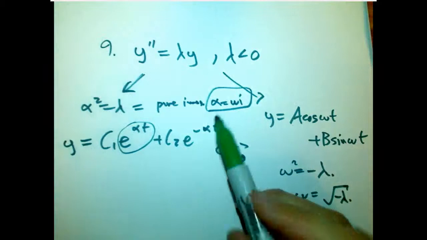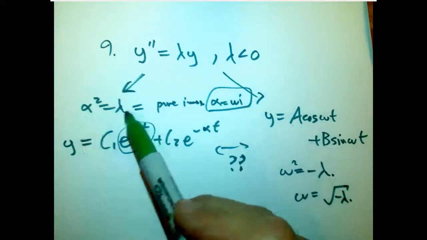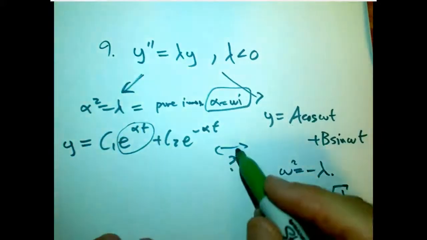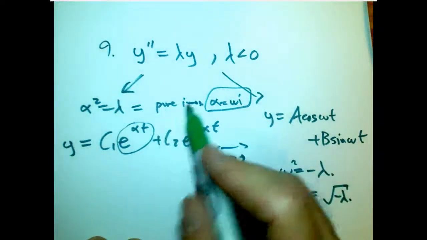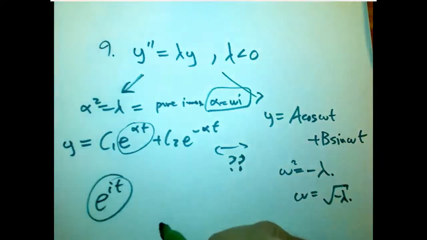Why don't you prove that? If this is true about omega, where lambda is a negative number, so omega is actually an honest-to-God real number, and you take omega i and you square it, you'll get lambda. It's not hard. So this is a pure imaginary number, so e to a pure imaginary is basically this sort of e to the it thing.